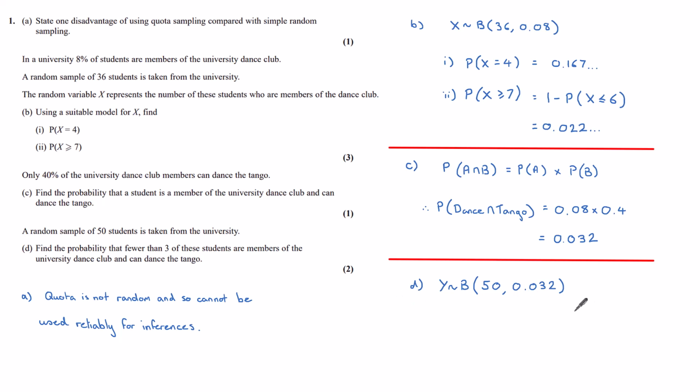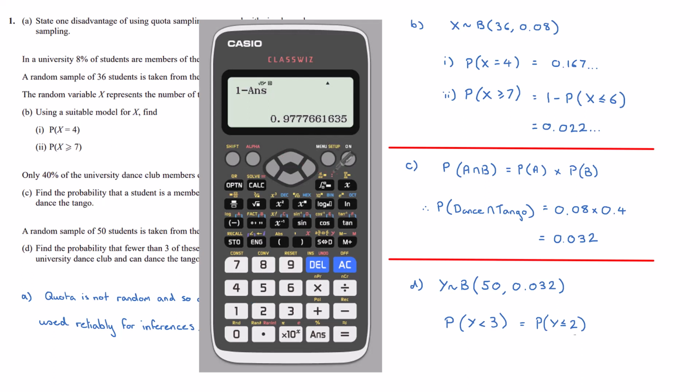So given this distribution, we want to find the probability of being less than 3 students, not less than or equal to, it says fewer than 3 students. And so that's the probability that Y is less than or equal to 2, which we can again put in our calculator. So returning to our calculator, let's go back to our menu, stats, into binomial cumulative distribution number 1 as a variable.